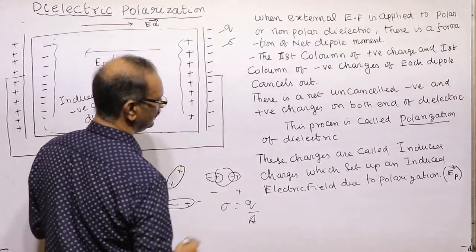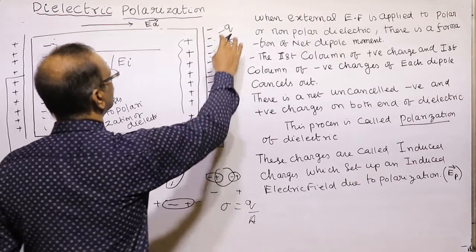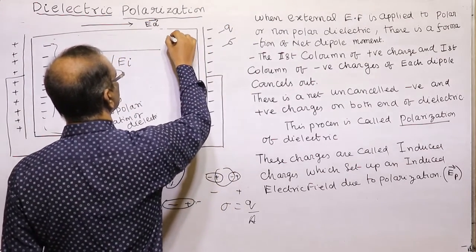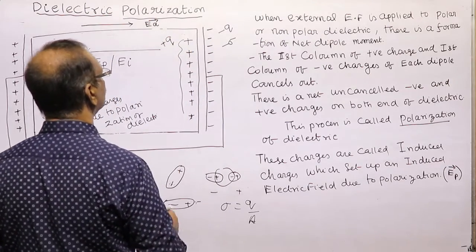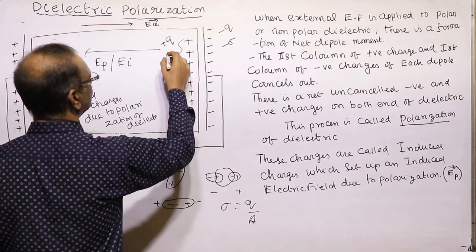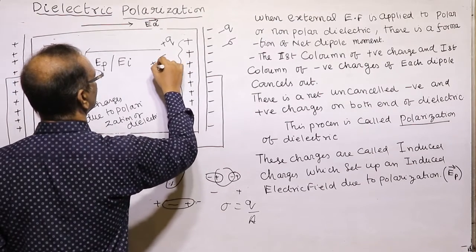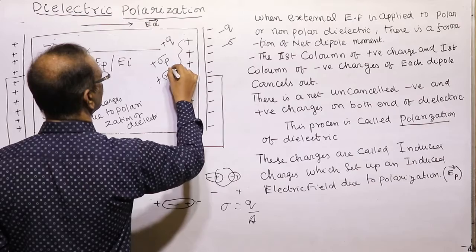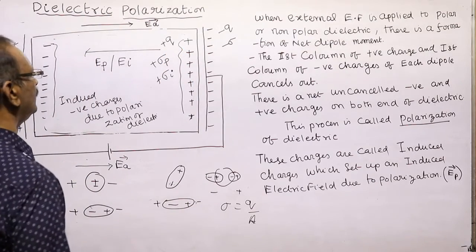If this is plus, this will also be plus. This is minus Q of the electric field. And what about this one? This is plus Q of the polarized or induced charges. Some books will give this one, some books will give the other.